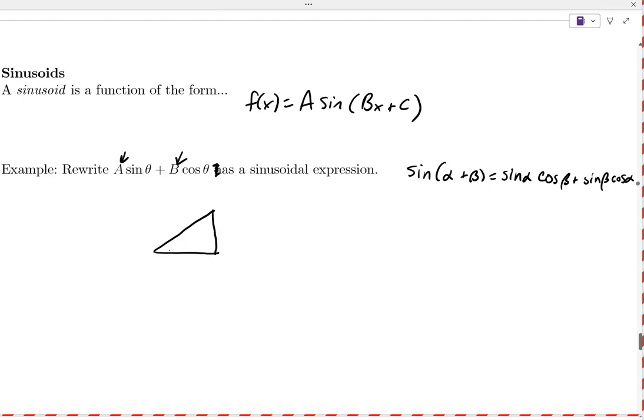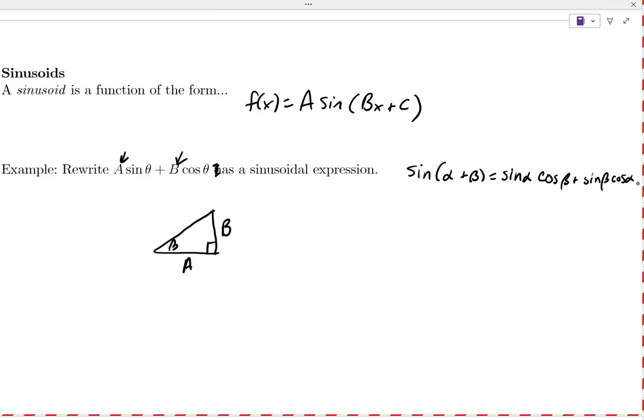I'm going to put my beta in my right triangle. I'm going to make my adjacent side A and my opposite side B. Now, why did I choose to form it this way? I want to see cosine of something in that first term.